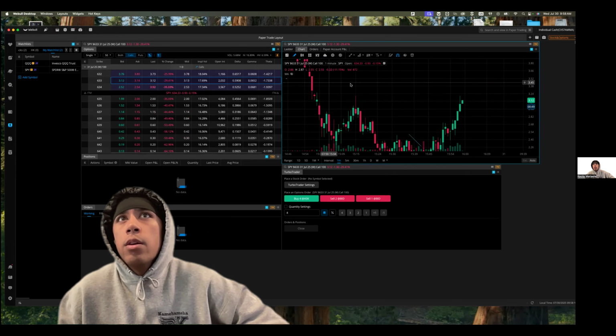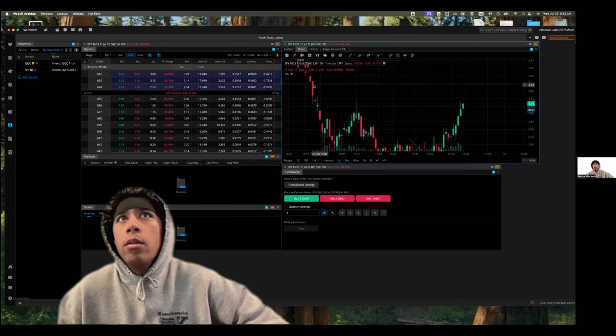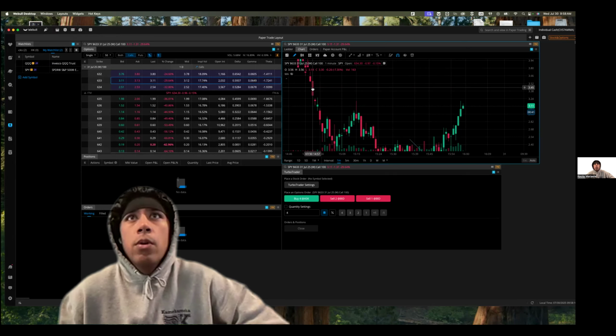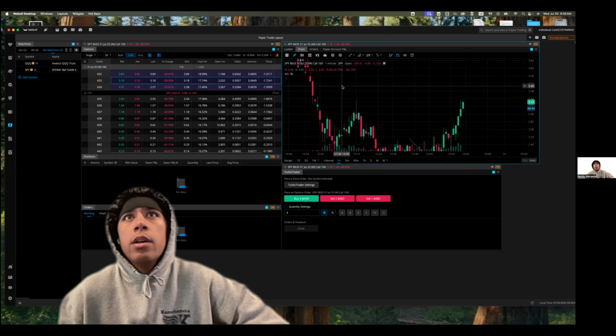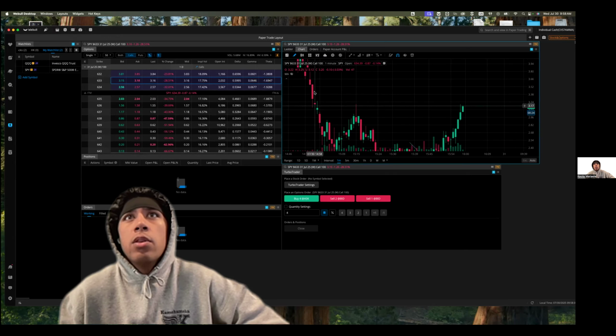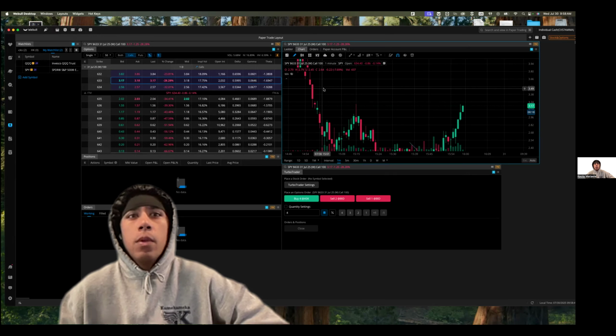So this candle right here is a gap. Yeah, it's called a gap. And that's because the candle above it and below it have no overlapping.